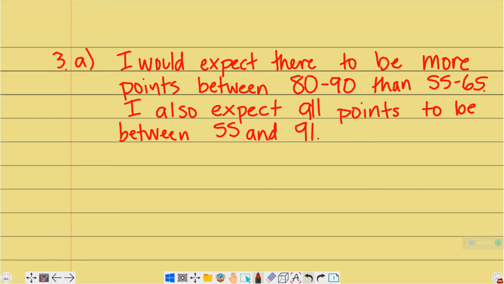If all of the population is between 55 and 91, then our sample should not be outside of that because there are no points to choose from that are outside of that range.